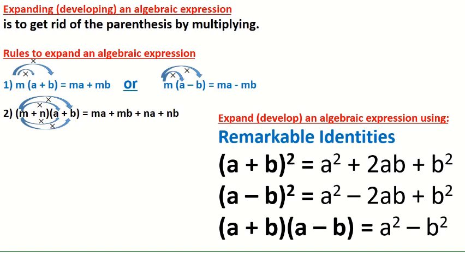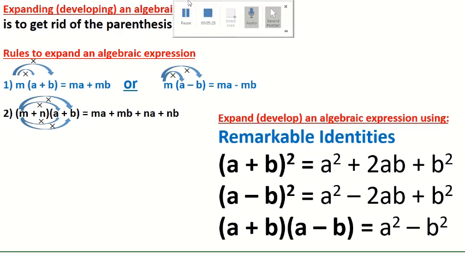And what if we have minus in the middle? The only change is minus 2ab, but we keep plus b squared as it is. Now if we have (a plus b) into (a minus b), the product of a plus b and a minus b, you can do it directly: a squared minus b squared.